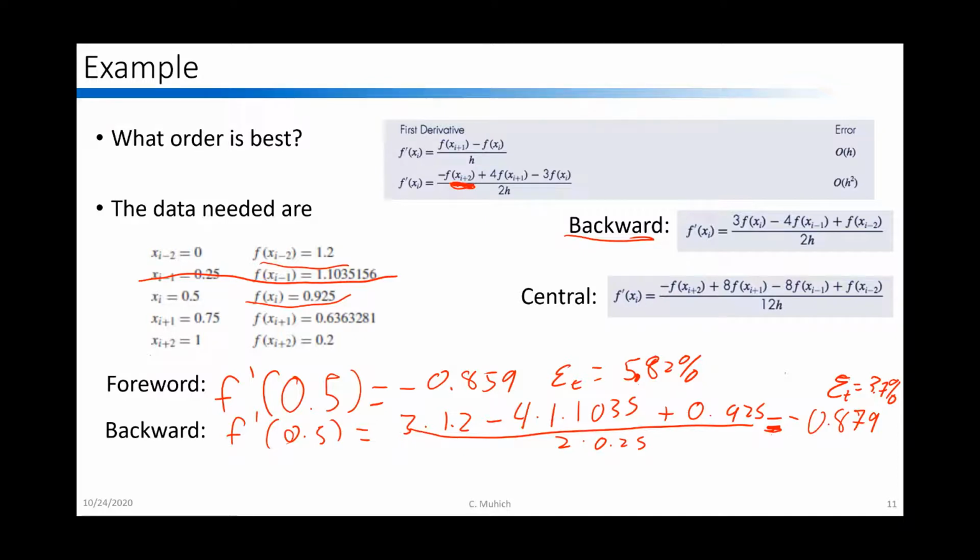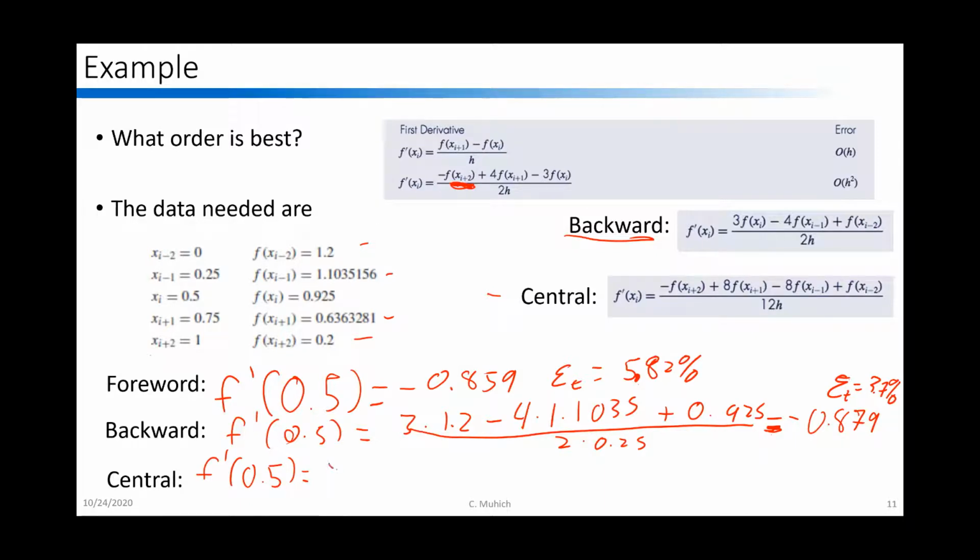The best thing that we can do, though, is using our central difference formula. This should give us the best estimate of all. I'm going to need to use all of the backwards and forward spaces, but I don't need the function value for where I currently am.